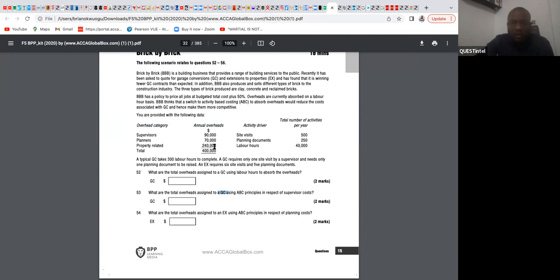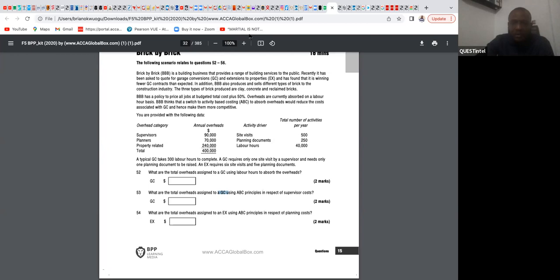So we're still going to do the same thing. This divided by this will give us the amount per planning document. And then EX requires 5 planning documents. So an EX will now be that figure multiplied by 5. And that gives us our answer.